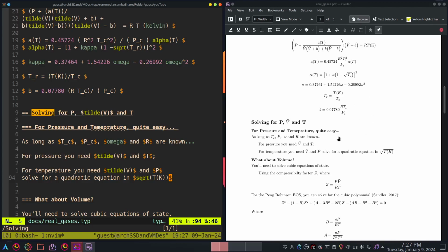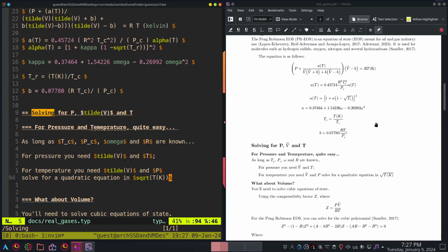The second thing we can do here is to convert this temperature, this RT, into a reduced temperature. Reduced temperature is simply the temperature in Kelvin divided by the critical temperature. If you have that, you will be able to make all your units sort of dimensionless. So that's what I aim to do here.